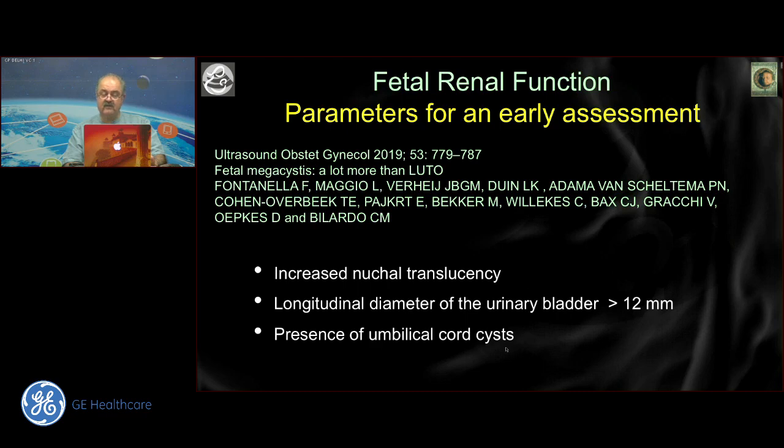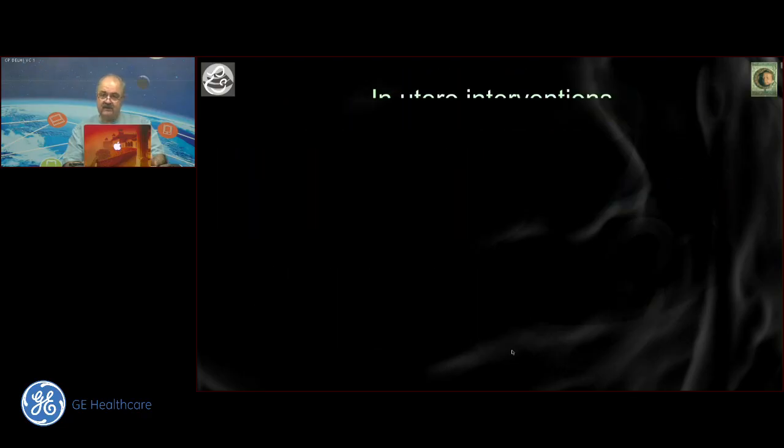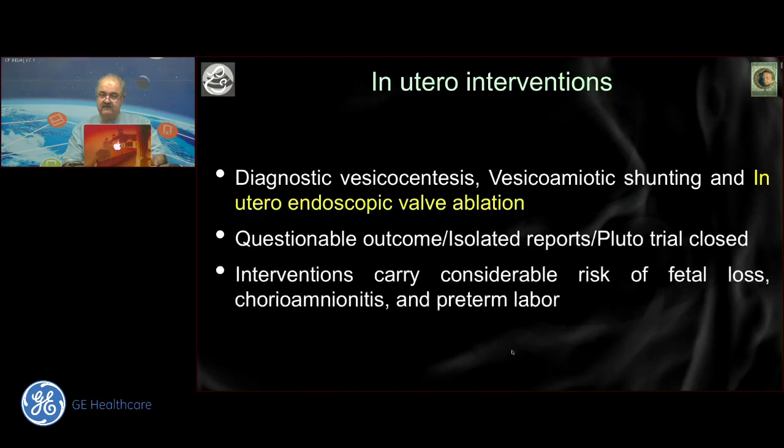Interestingly, all of them surrogate markers, indirect markers, and yet remarkably predictable than the actual appearances on imaging in the scan where you diagnose obstruction. And this was important because we do realize that over the years the Pluto trial failed, which was trying to figure out who will benefit from a catheterization, who will benefit from a permanent catheterization or just a puncture.